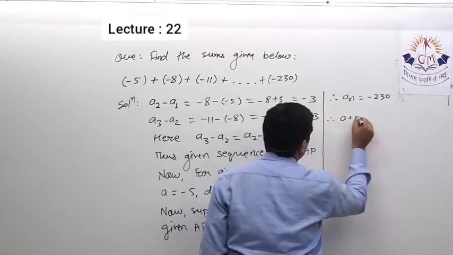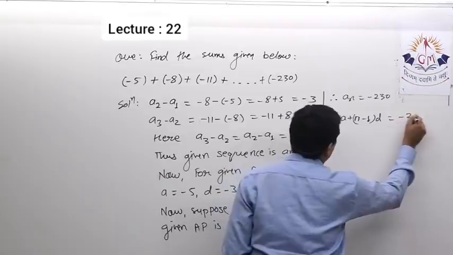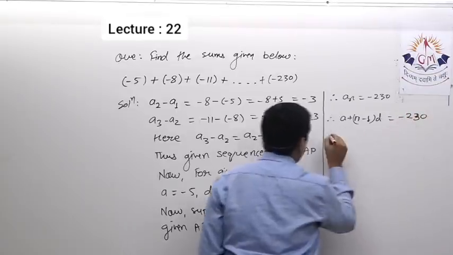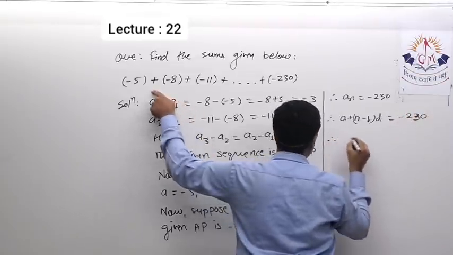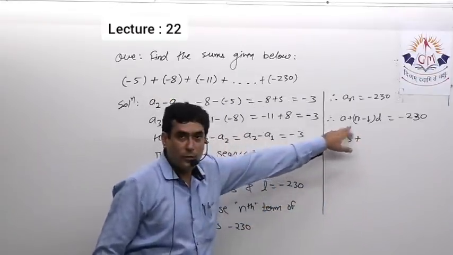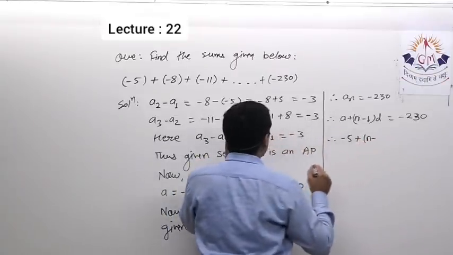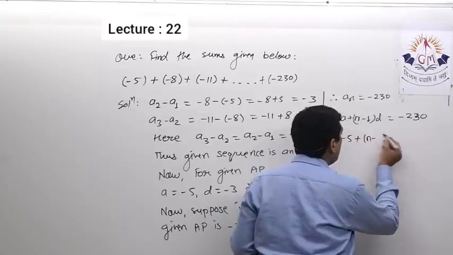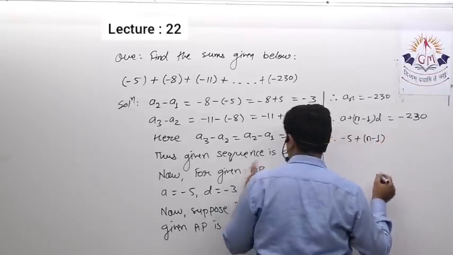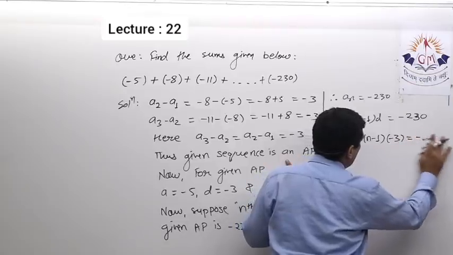Therefore a plus n minus 1 D is equal to minus 230. Now a is minus 5, plus the number of terms that we are going to find. Why we need this? Because we need to find the sum of the terms, and for that we must need the number of terms, and D is minus 3, is equal to minus 230.